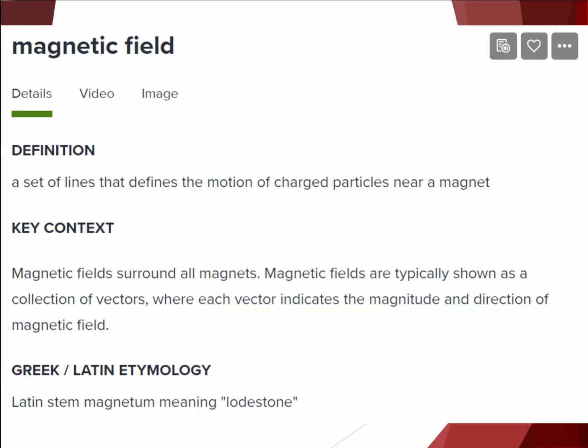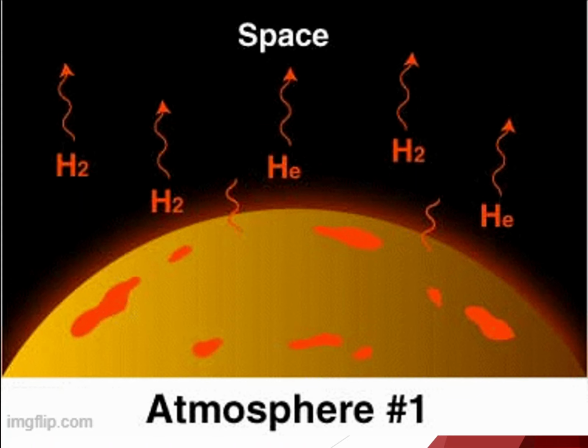And those vectors indicate the direction and the size of that particular magnetic field. Now, if you'll remember, Earth's core has a solid, rotating iron portion, which acts as a magnet. Well, let's get into the lecture.